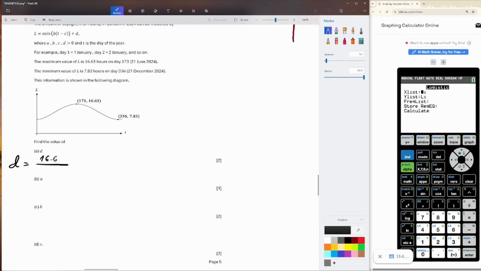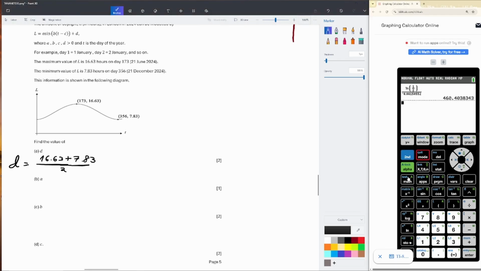So it's 16.63 plus 7.83 divided by 2. So you go to your calculator, you want 16.63 plus 7.83 divided by 2. And then you get your answer to be 12.23.